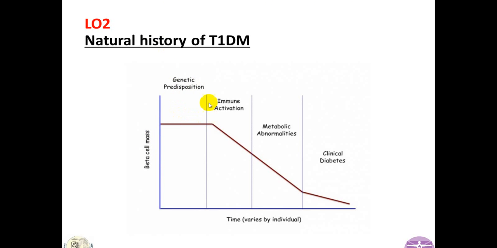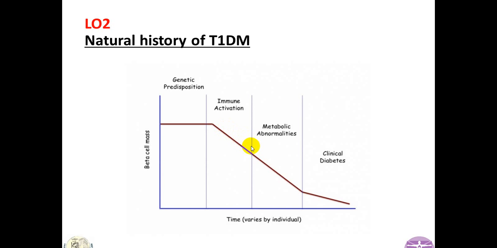And then due to a stressful situation or viral infection, which we call the trigger, there will be immune activation and formation of autoantibodies that will start to destroy the beta cells of the pancreas. As a result, the number of beta cells will decrease.